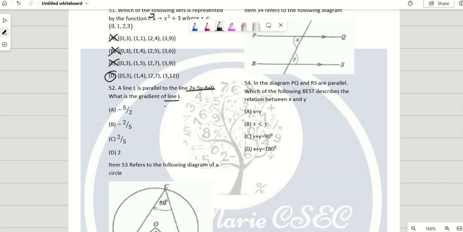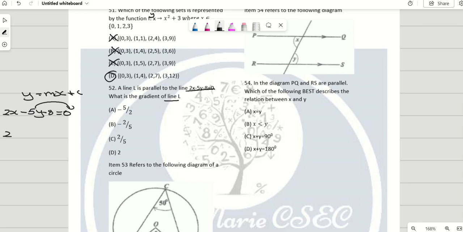So first off, to get the gradient of this line, we have to put it in the form y is equal to mx plus c, where we make y the subject and m is your gradient, which is also known as the coefficient of x. So we want to make positive y. We have 2x minus 5y minus 8 is equal to 0. You carry across minus 5y, which is going to turn to positive 5y.